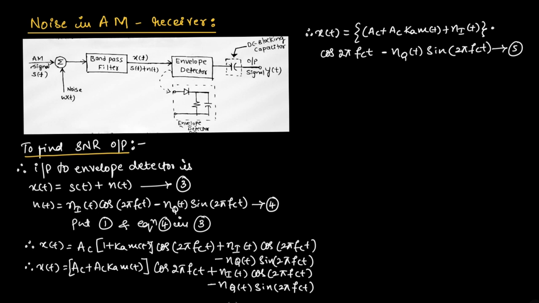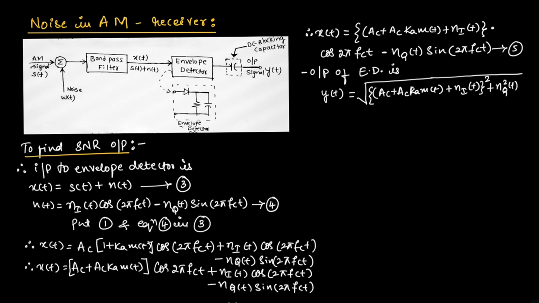Then passing this through the envelope detector will allow only the message signal components and neglect the carrier components. So to find that, I've just taken the square root of the terms which are not carrier. Then square is used to compensate for the square root. Then let me take the first two terms as A and the second term as B.